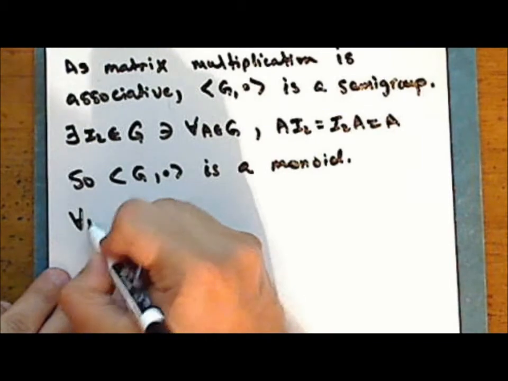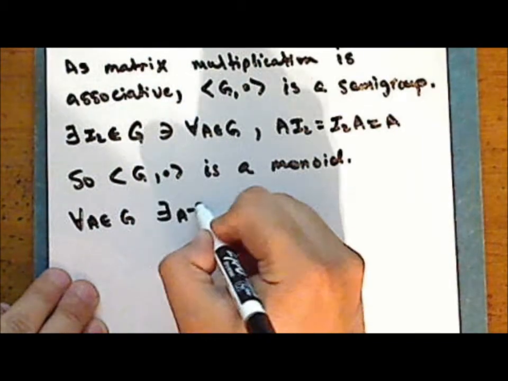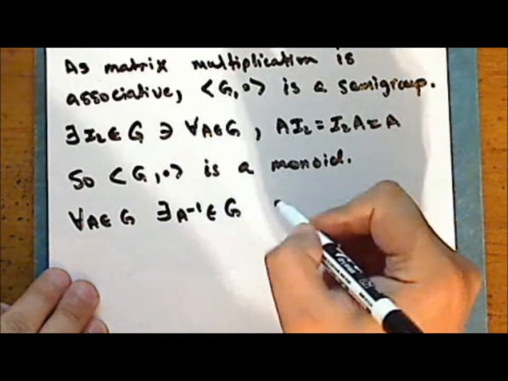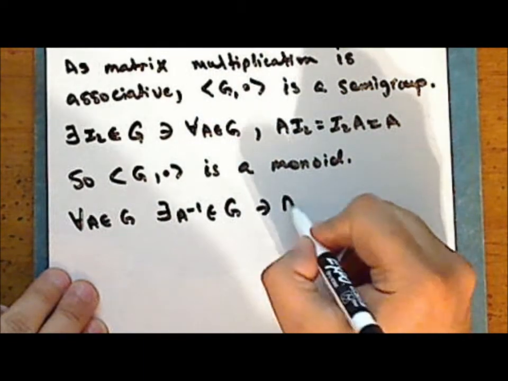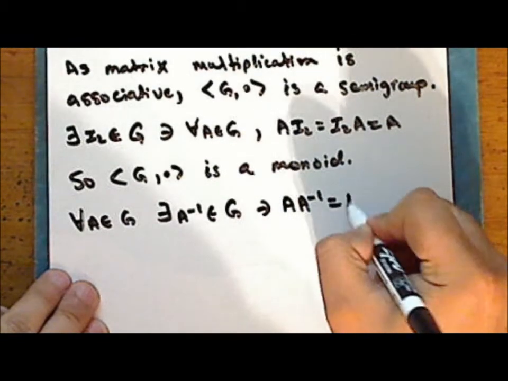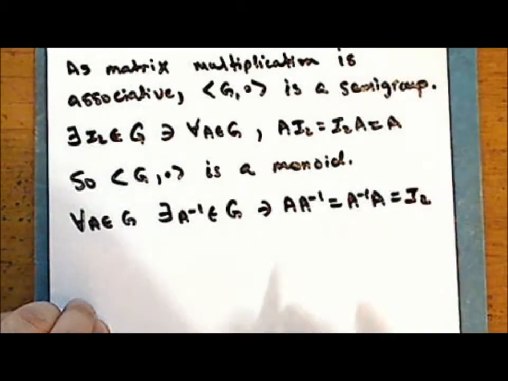And for every matrix A in the set G, there exists an inverse matrix also in the set G, such that A times A inverse is the same as A inverse times A, which is the identity.